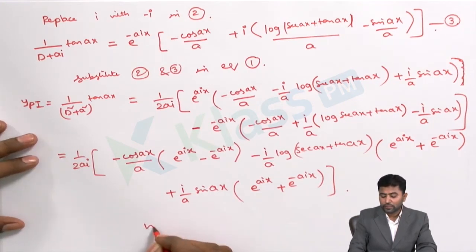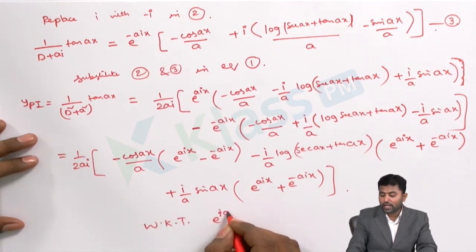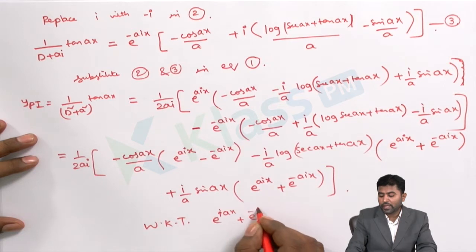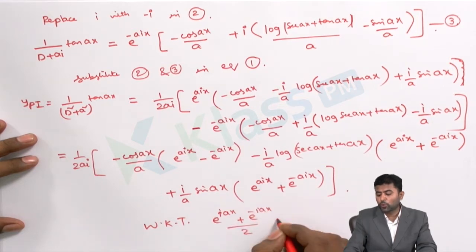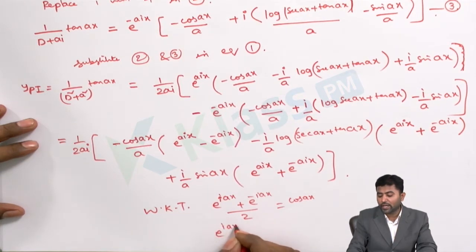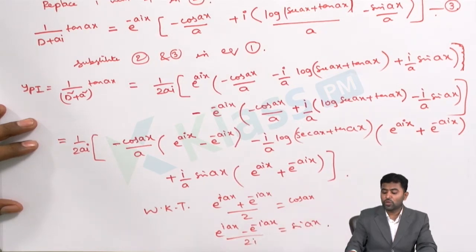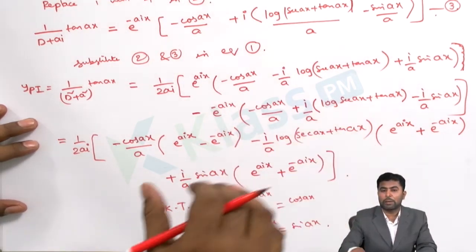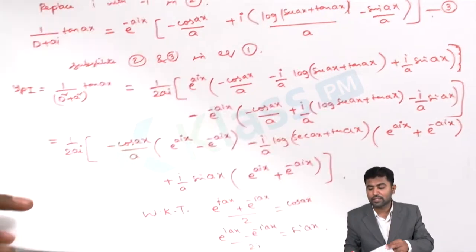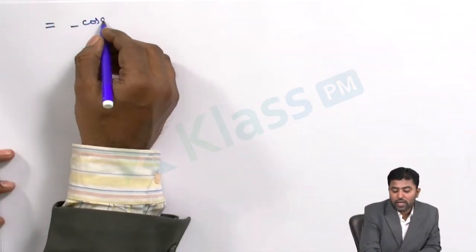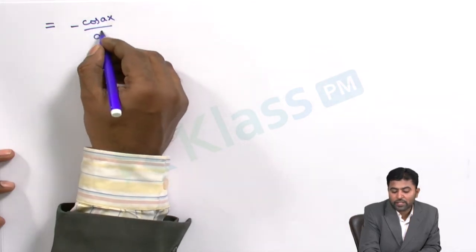And we know that e power iax plus e power minus iax by 2 is cos ax, and e power iax minus e power minus iax by 2i is sin ax. So we'll replace these two in the above. Then we get minus cos ax by a square.